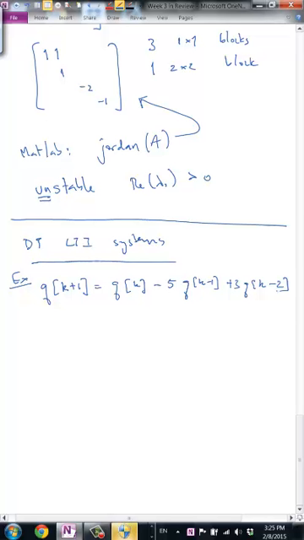This is an example of a discrete time, linear time invariant system. It's discrete time because time is discrete, and it's linear and time invariant for the same reasons that a differential equation was linear and time invariant.